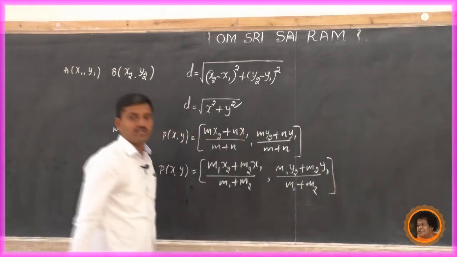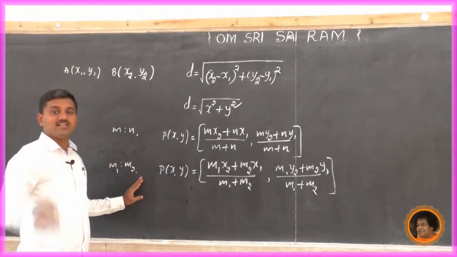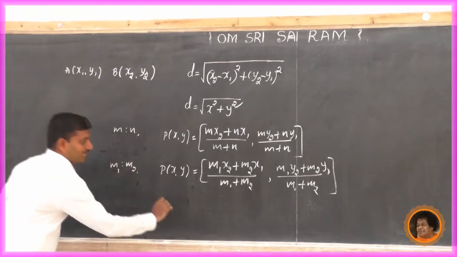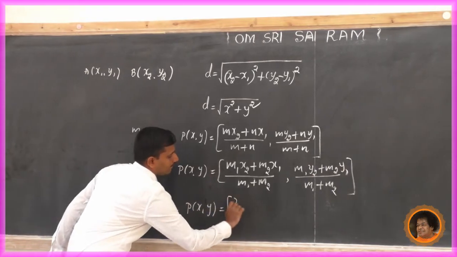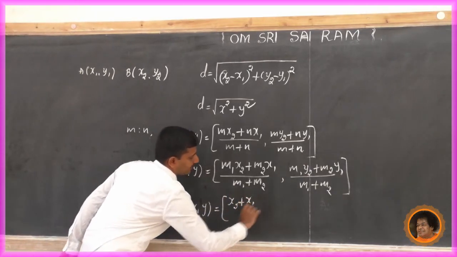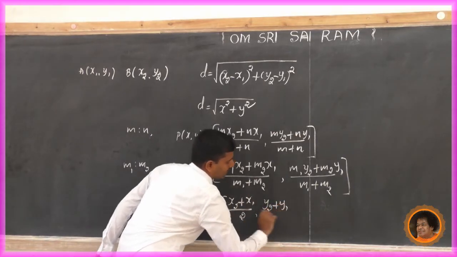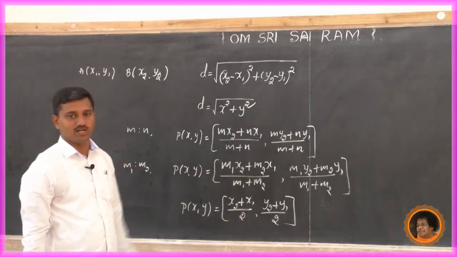This formula is known as the section formula. If the point P divides the line segment equally, P is the midpoint. So the coordinates of the midpoint P of x comma y equal (x2 plus x1) divided by 2 and (y2 plus y1) divided by 2. This formula is known as the midpoint formula.